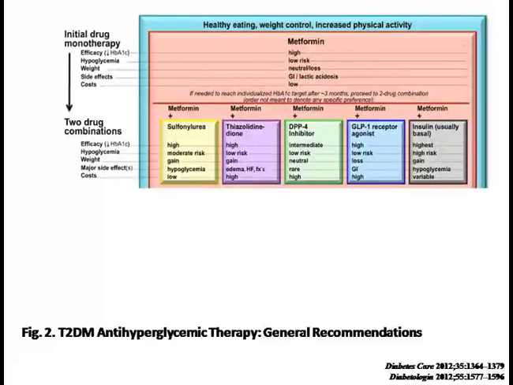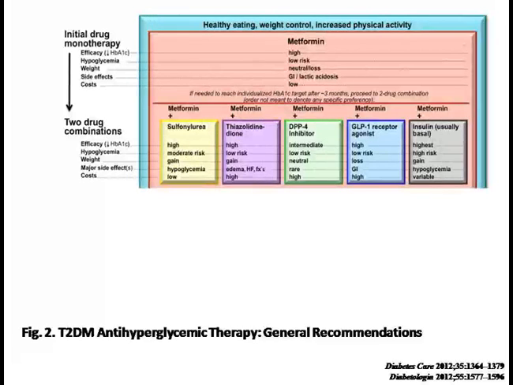And here, as per the ADA recommendation, you can add a sulfonylurea, the thiazolidinediones, or DPP-4 inhibitors, GLP-1 receptor agonists, or you can have the basal insulin. And you can now also add SGLT2 inhibitors. So these are the 5 options. If the person is not able to control with the metformin, you can have this combination.